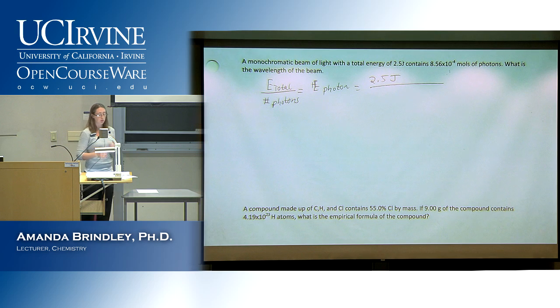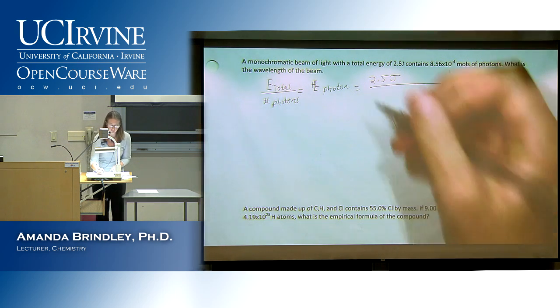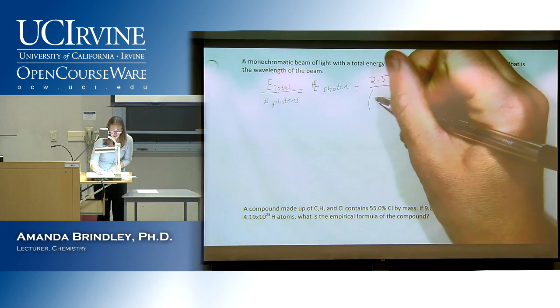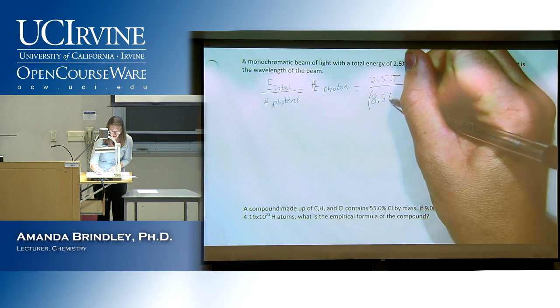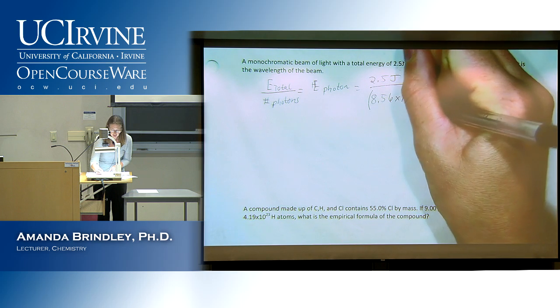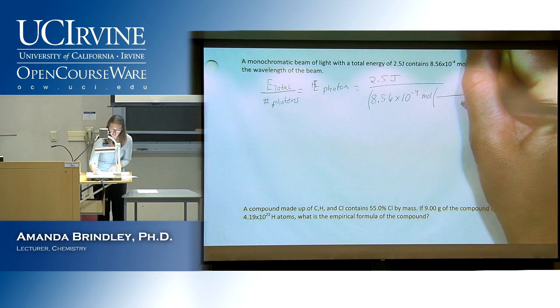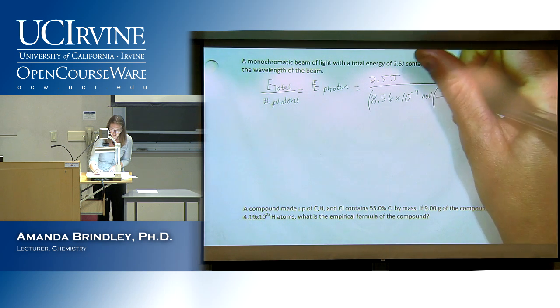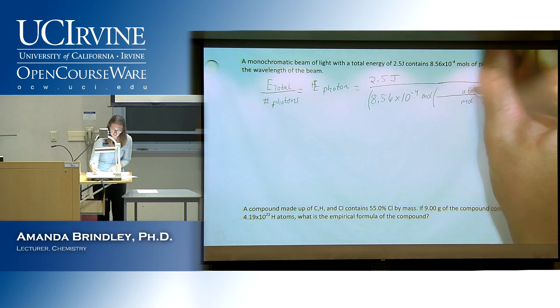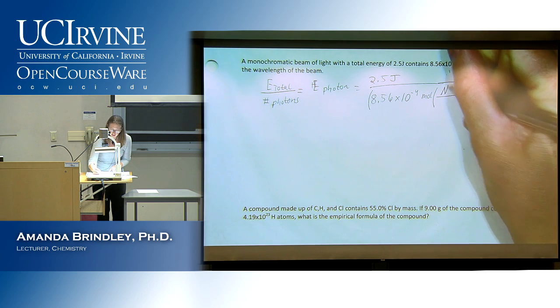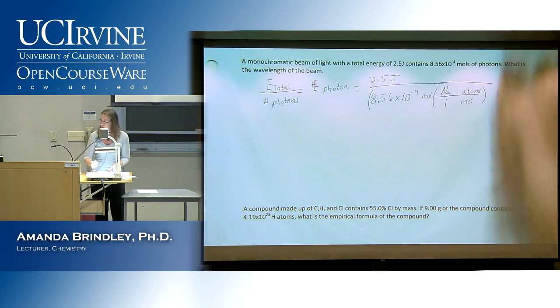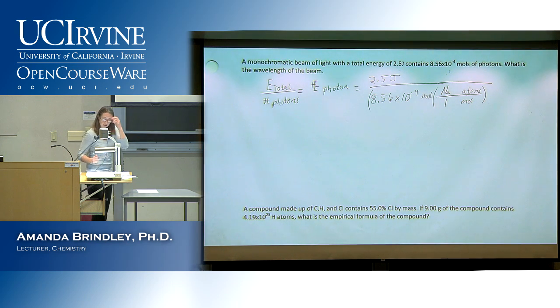And we don't want joules per mole, we want joules per photon. So again, I'm going to do my conversion factor inside here. You don't need to do it that way, you can do it outside. And then fill in the little shorthand notation for Avogadro's number.